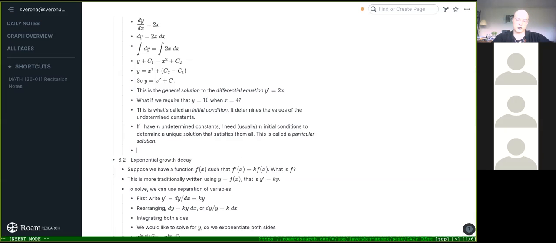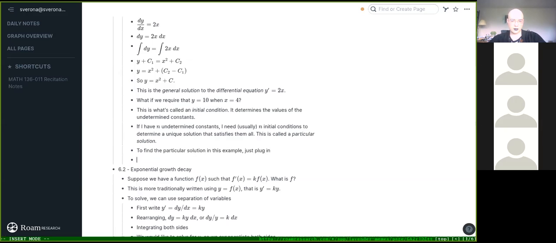Okay, so how do I find a particular solution in this example? Well, all I have to do is plug in. So y equals 10, x equals 4.